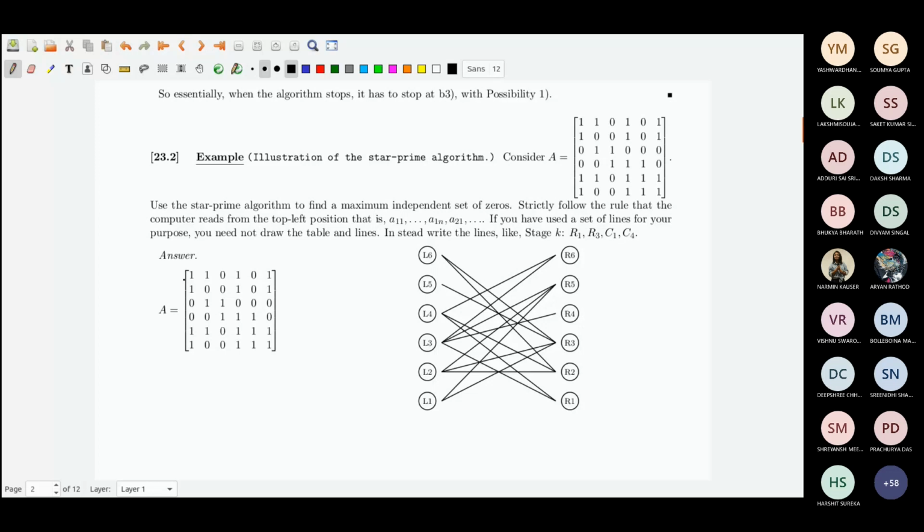You follow the method so that everybody's answer, even my answer, remains the same. So we read from the top, always, row by row. That is what we do. So we put the star. Fine. We put stars over here.